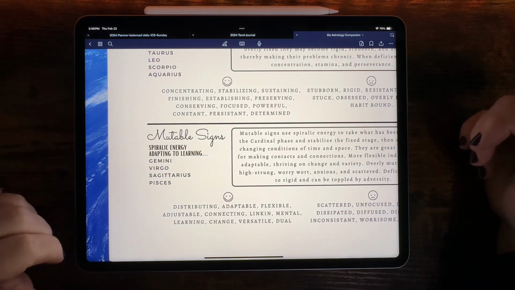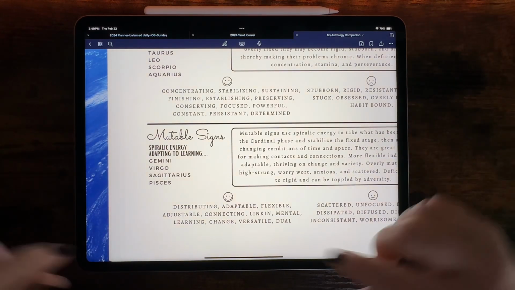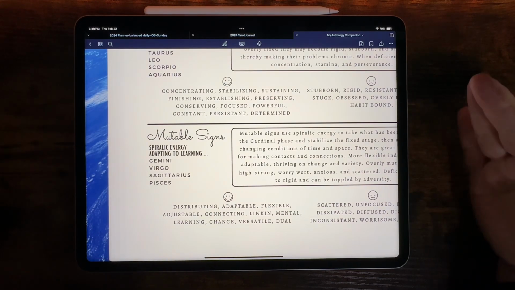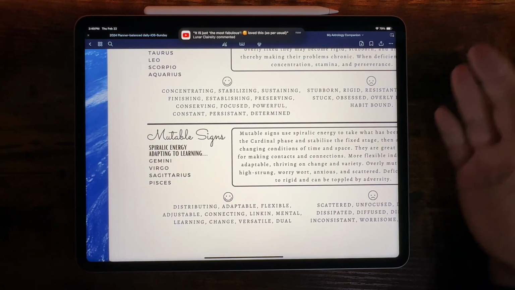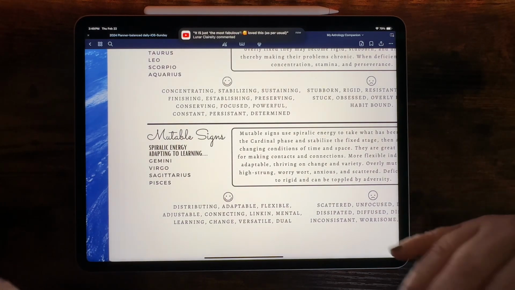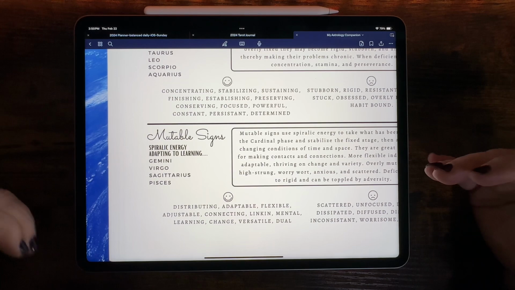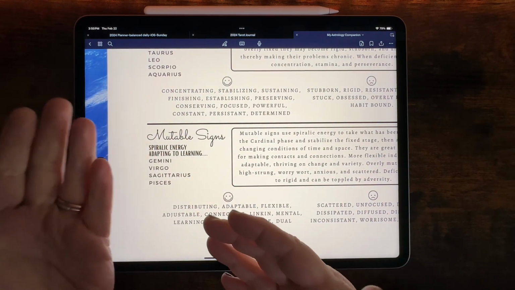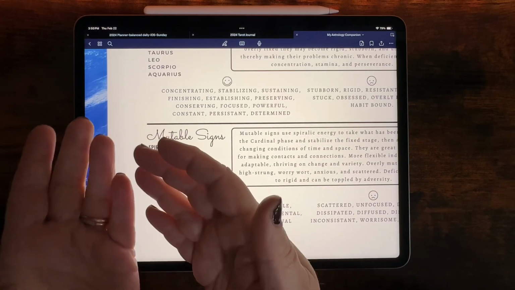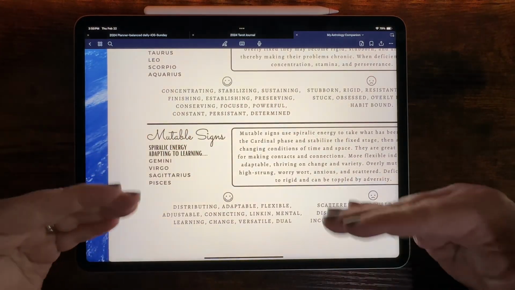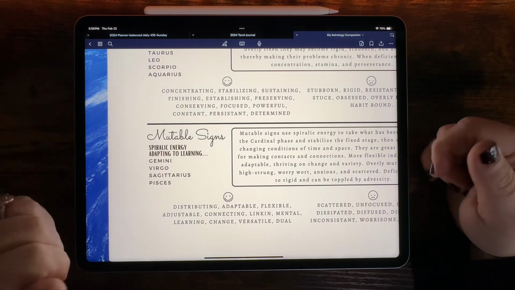They're more distributing, adaptable, flexible, adjustable, connecting, linking, mental, learning, and change. They're versatile. They're more dual, because when we think of going from one sign to another, or if you're a cusp, you get both energies. That's what the mutable signs look like.